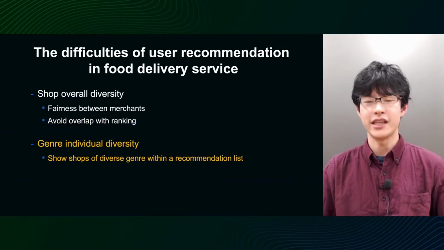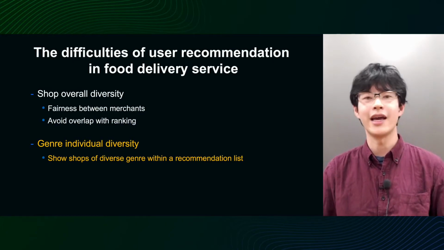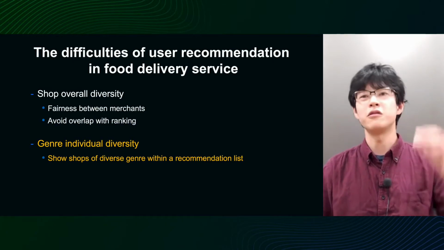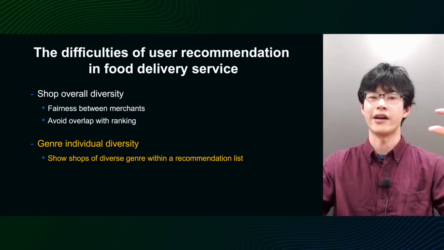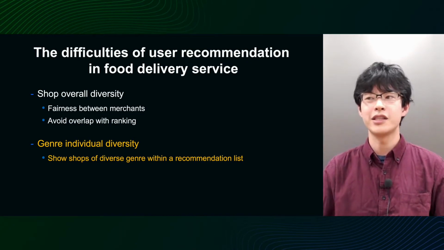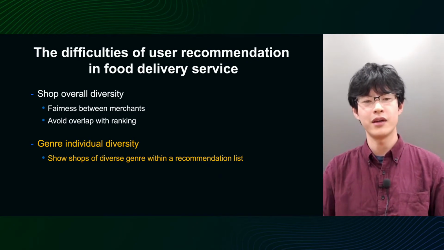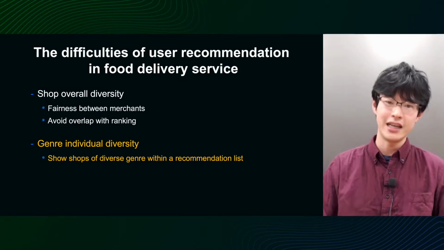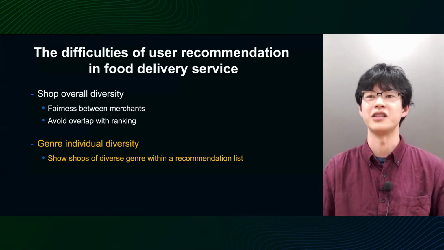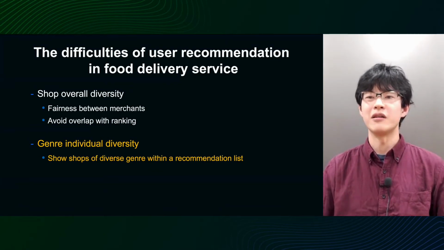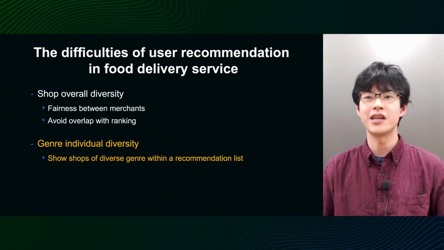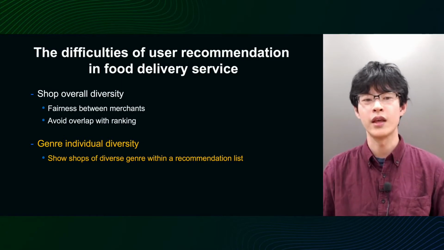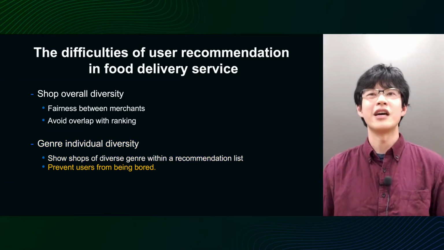The other type of diversity is for genres or categories within a single list of recommendation. Curry only or sushi only list is boring and does not respond to the user's preference at the time. And eating the same thing every day is not healthy.